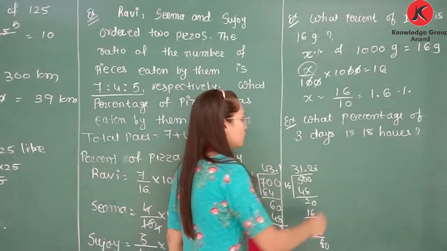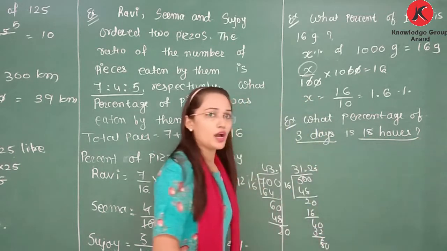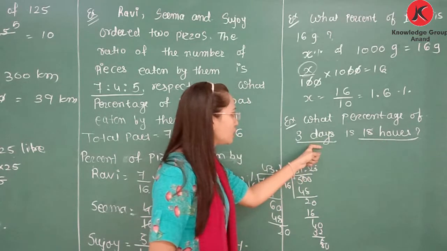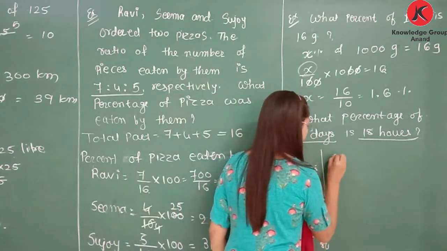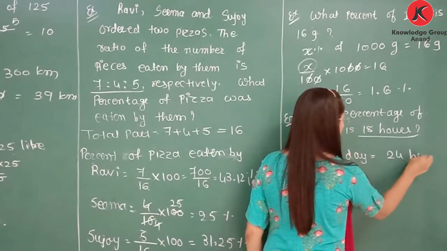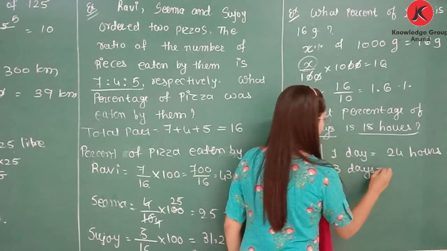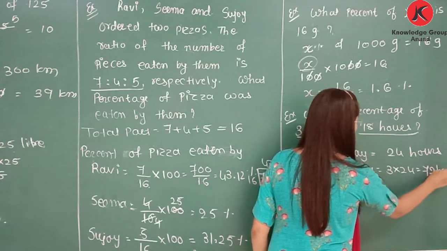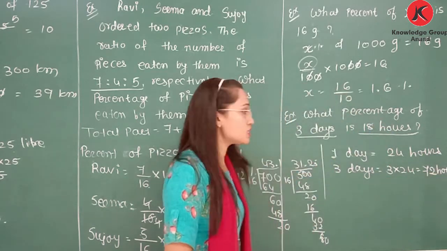Okay. Next one. What percent of 3 days is 18 hours? Again, days and hours are different units. So first of all, convert days into hours. So 1 day is equal to 24 hours. So 3 days is equal to 3 multiplied by 24, that is 72 hours. It means x% of 72 hours is 18 hours.